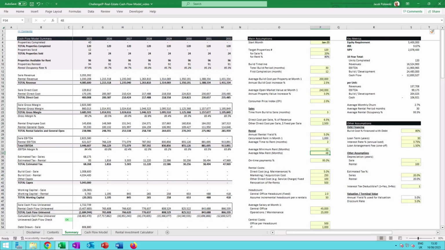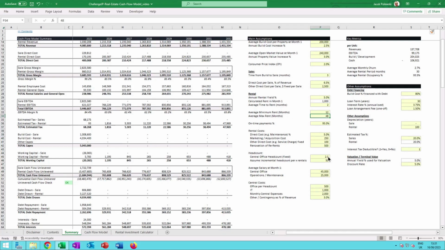That assumption will influence the calculation of occupancy rate, which we'll get to in a few minutes. Assumptions around the on-time payments, and then also rental costs. So any maintenance, any other direct costs, or any renovations, or any expenses that you have to include in order to calculate the net income that you receive from those properties.